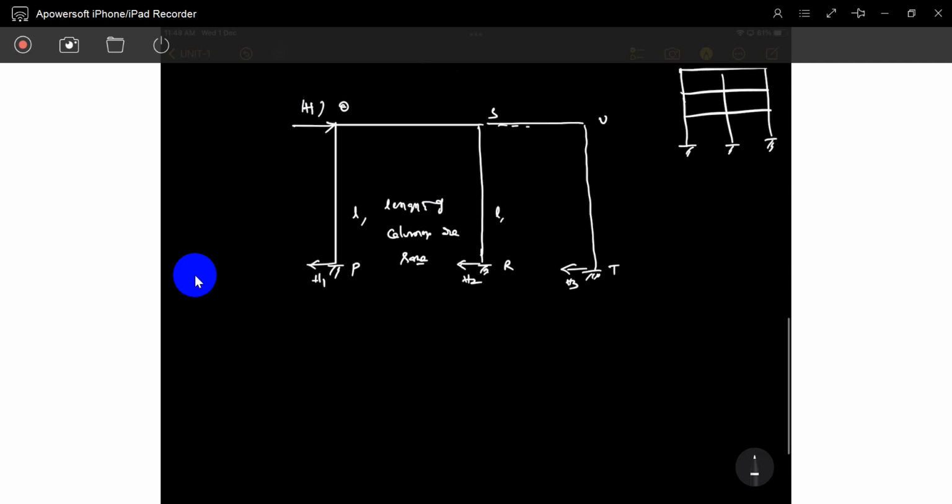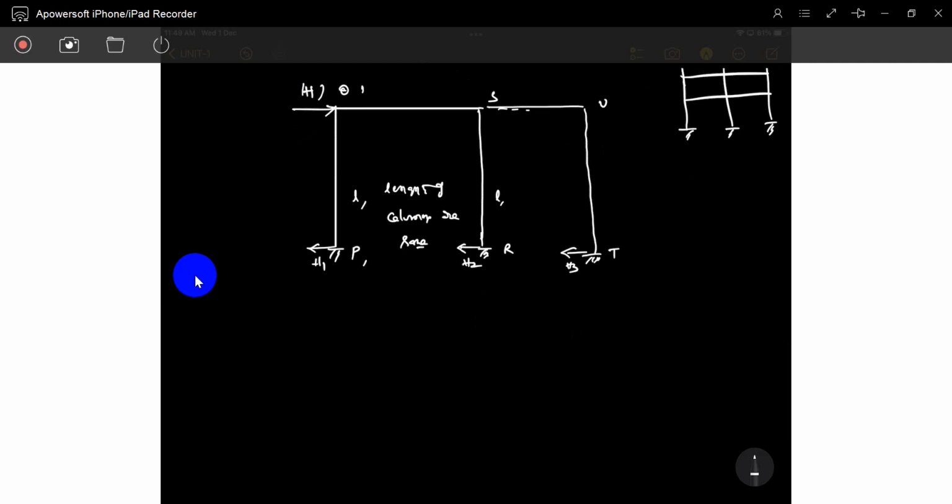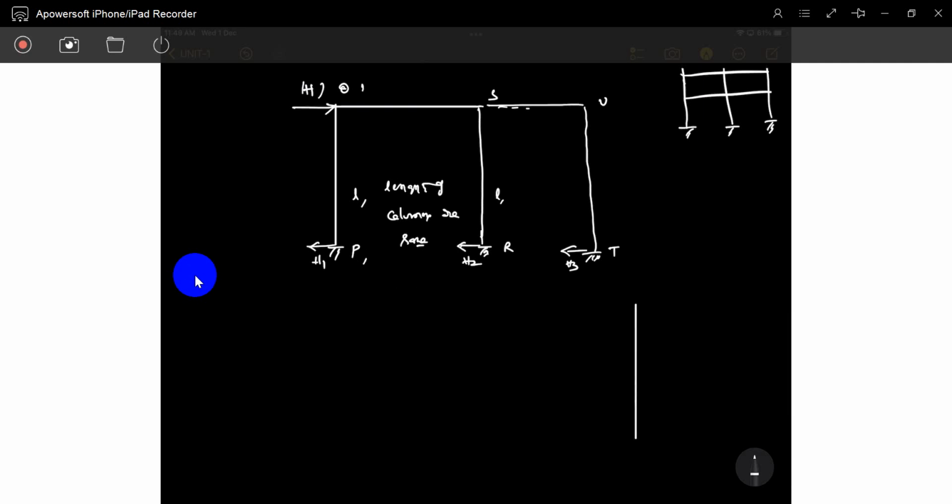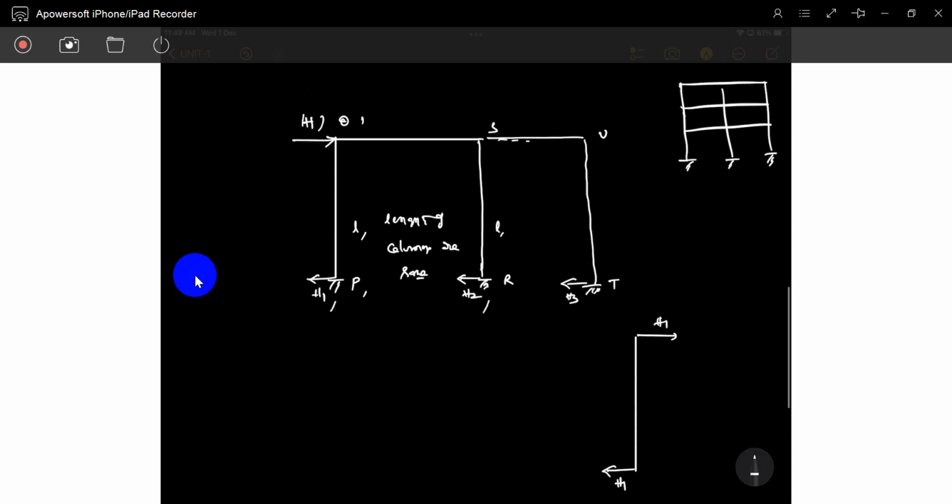First I will take only one column and draw its free body diagram. It has C. This is H1, this is also H1. In the free body diagram, it has only H1 shear. In this one H1, in this H2, in this H3. Total story shear is H.